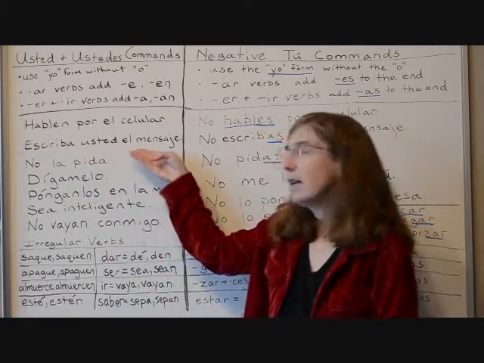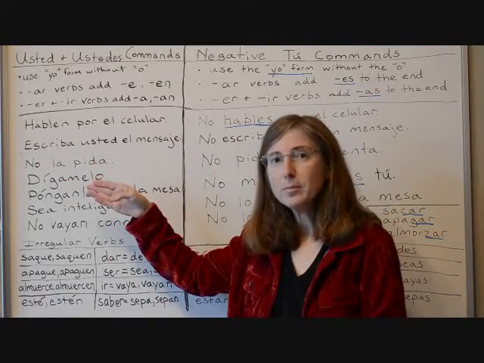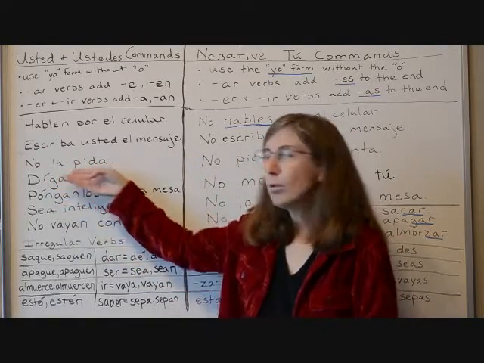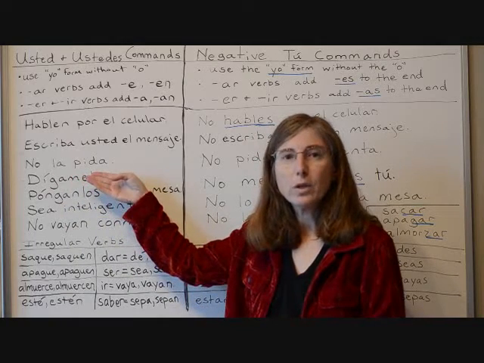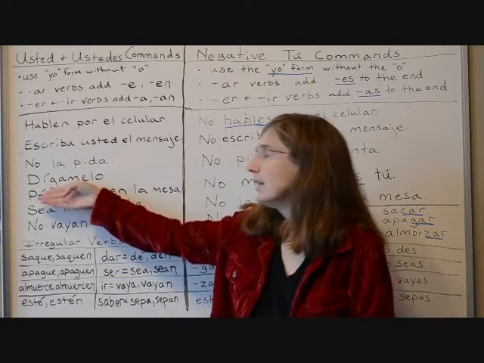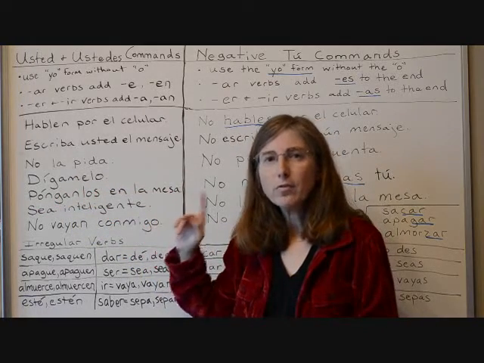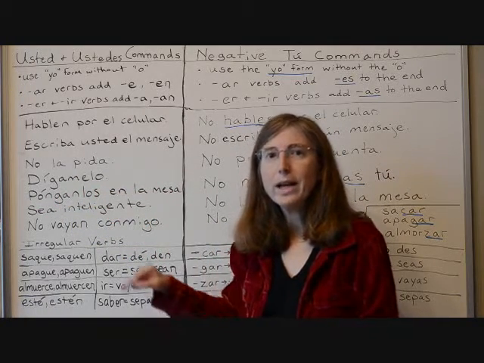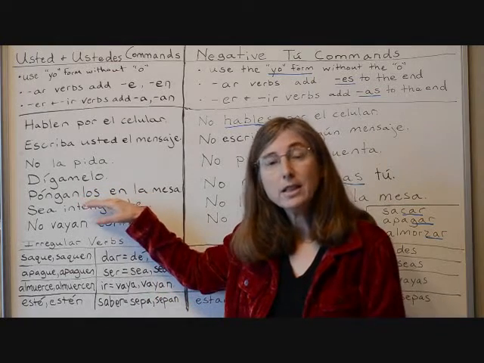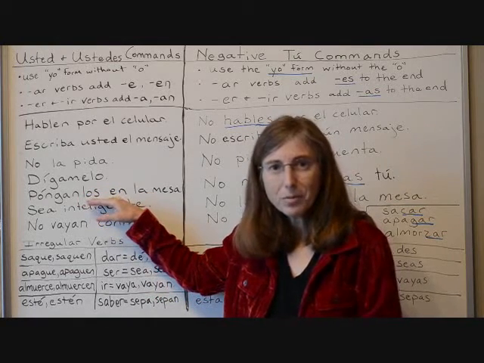Escriba usted el mensaje. Write the message. No la pida. Don't ask for it. Okay? Dígamelo. Tell it to me. Now, for affirmative commands, we add the direct object and indirect object pronouns onto the end of the verb.